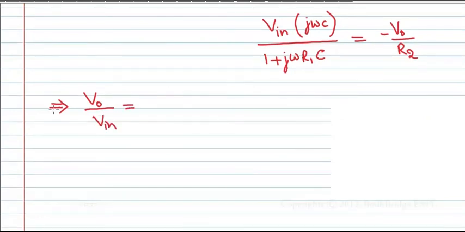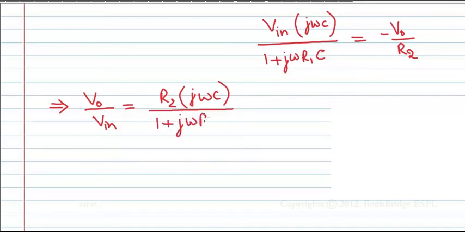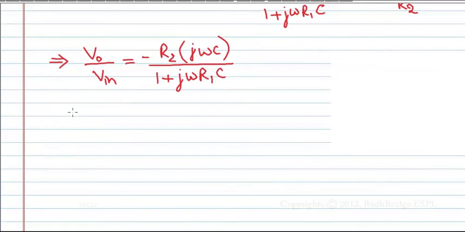Therefore, V output by V input equal to how much? R2 into j omega C by 1 plus j omega into R1 into C. And this is minus. Anyway, we are concerned only with voltage gain, that is the magnitude.